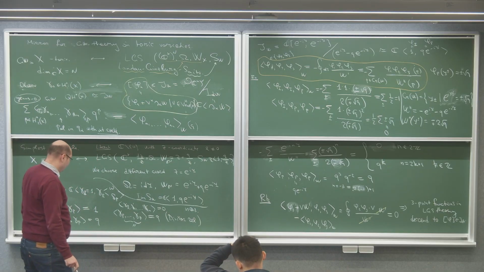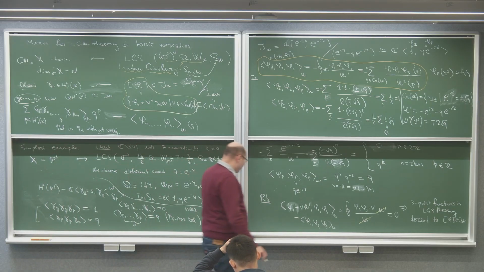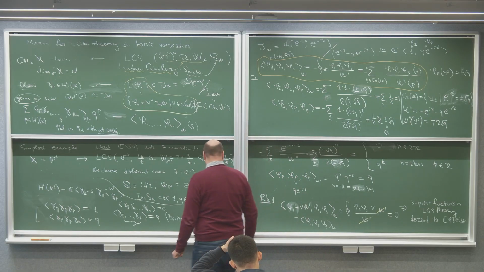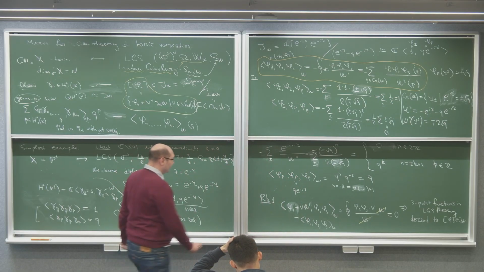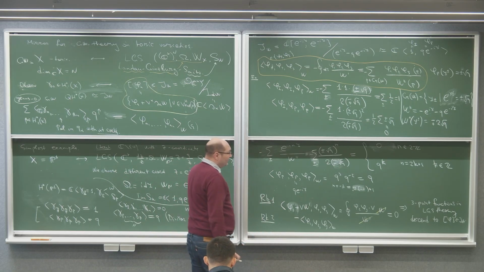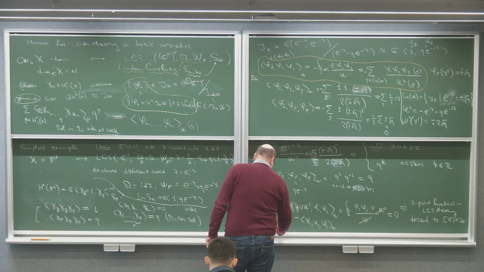So that's why it's hardly surprising. However, the second part of the remark, which we will see a bit later, I will return to. This property does not hold for higher point functions. So not true.